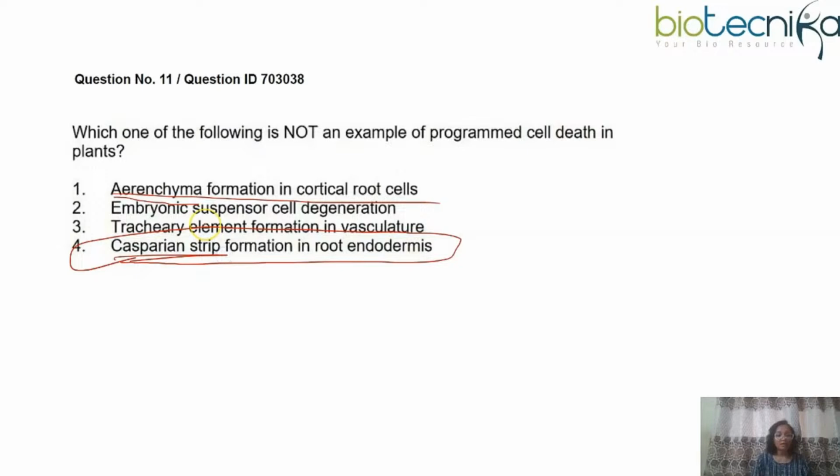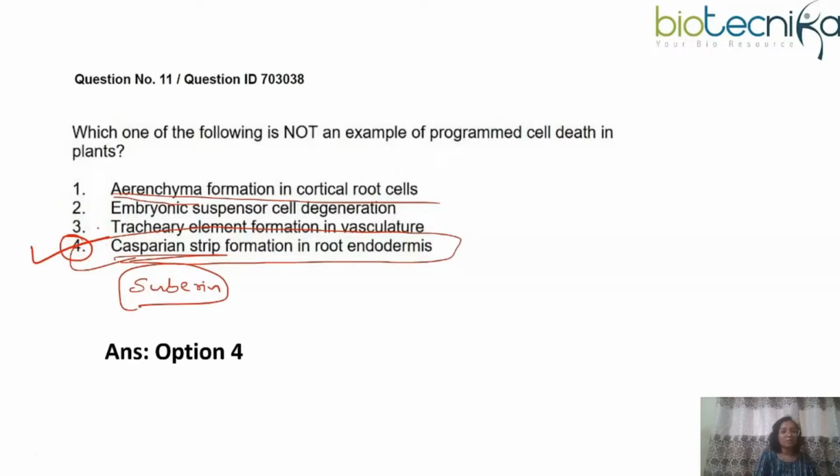Casparian strip, as I have discussed multiple times in the classes, is deposition of suberin. Casparian strip is nothing but deposition of hydrophobic substances like suberin. It does not involve programmed cell death. So this is the correct answer here. It is not an example of programmed cell death.